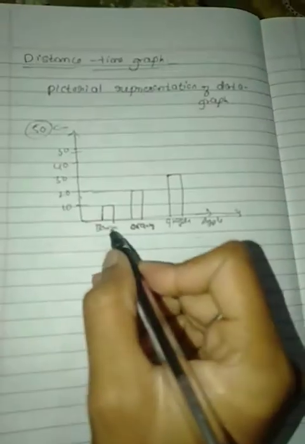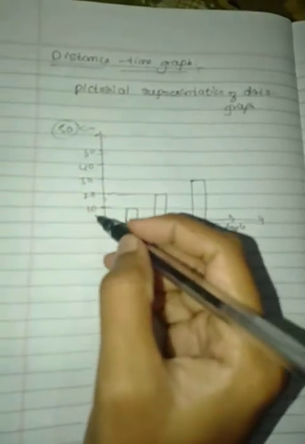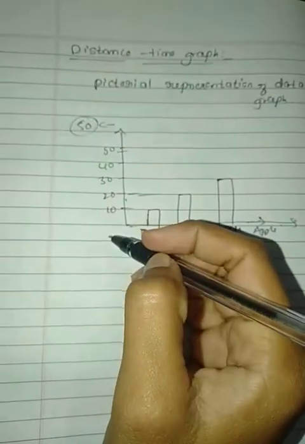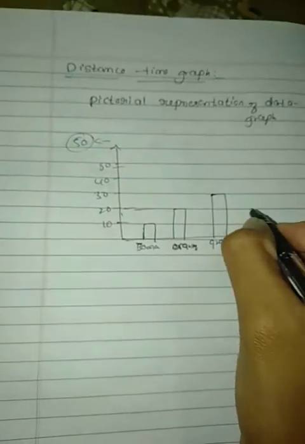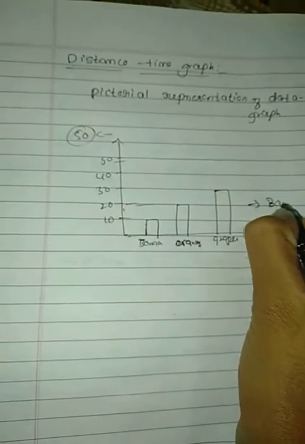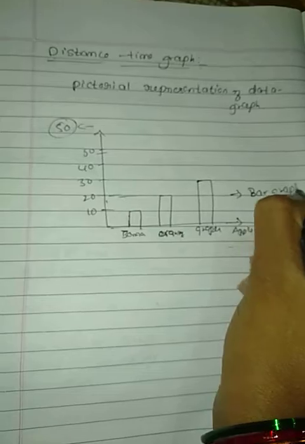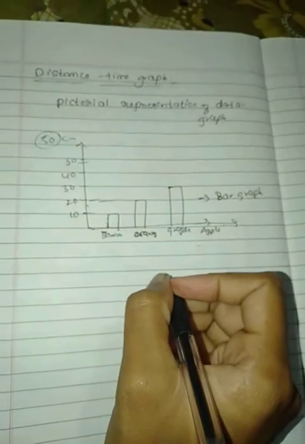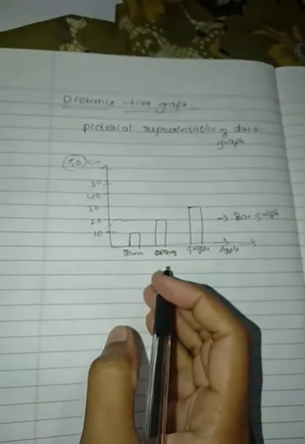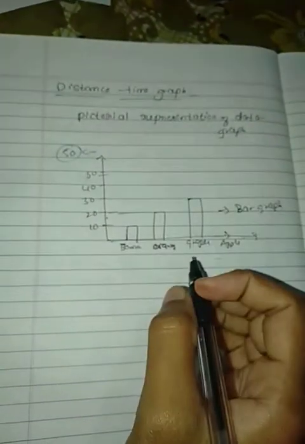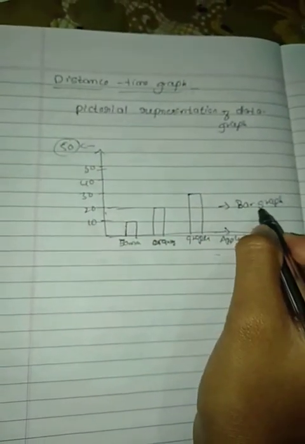On the horizontal line I represent the fruits, on the vertical line the number of students, and draw the graph. This graph is called a bar graph. Remember that this graph is called a bar graph.